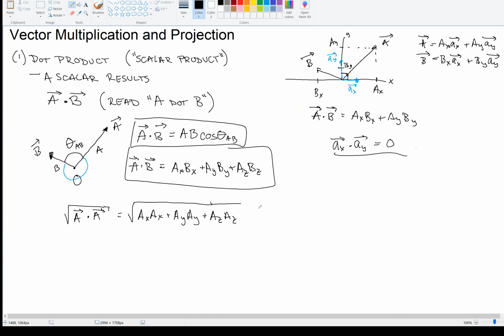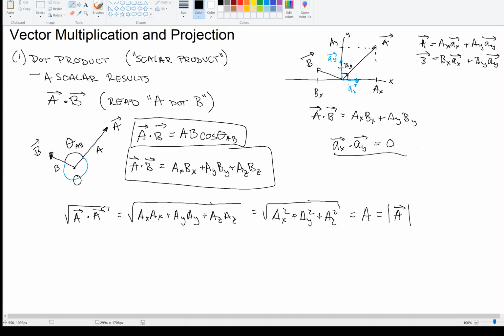So that's the square root of ax squared plus ay squared plus az squared. That should look familiar. That is a, the norm or the length of vector A. So that's another way of computing the norm: take the dot product of a vector with itself, then take the square root.